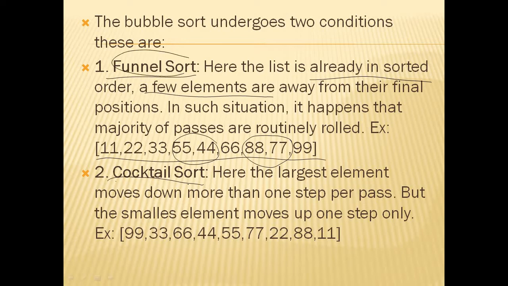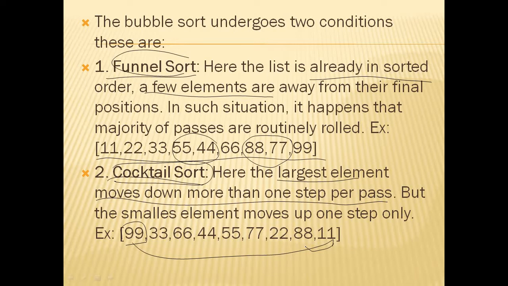Next one is cocktail sort. Cocktail sort is where the largest element moves down more than one step per pass. When your largest element is here, you observe that 99 is supposed to move to here. For moving, it will take maximum steps, meaning every adjacent cell needs to be compared and it will move.